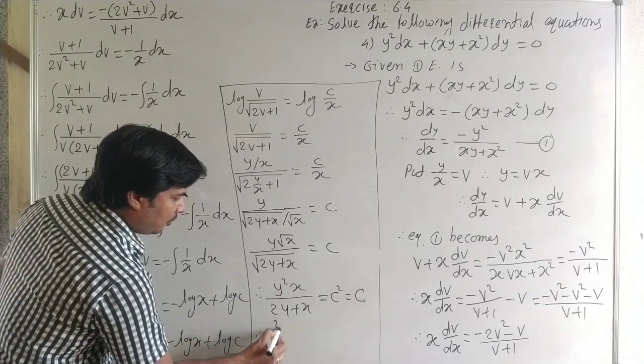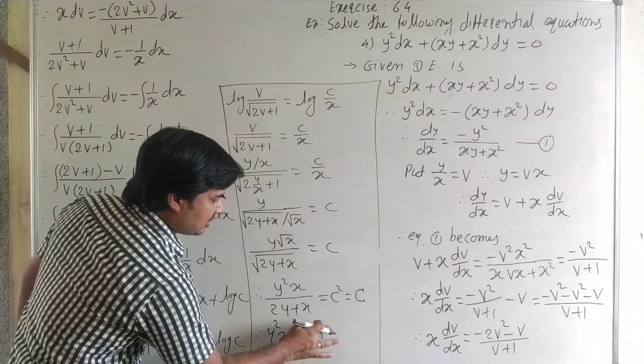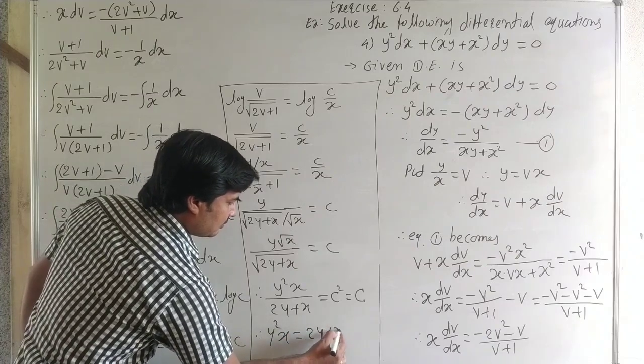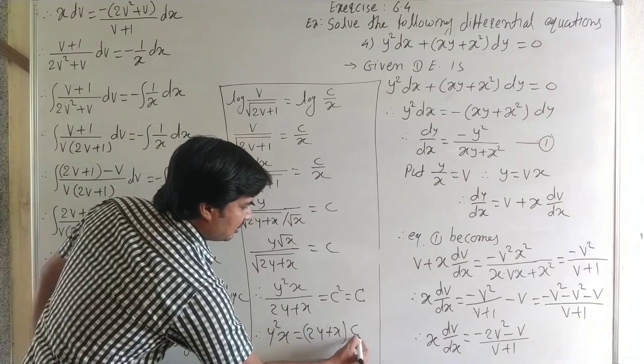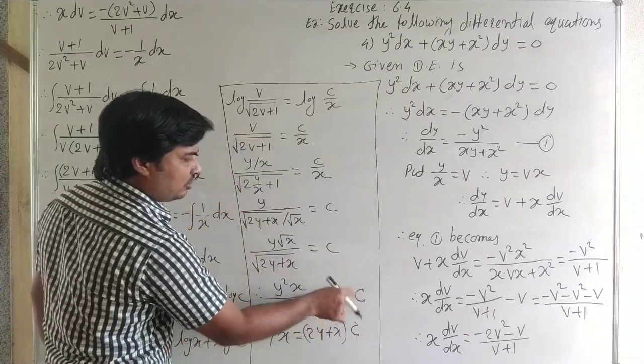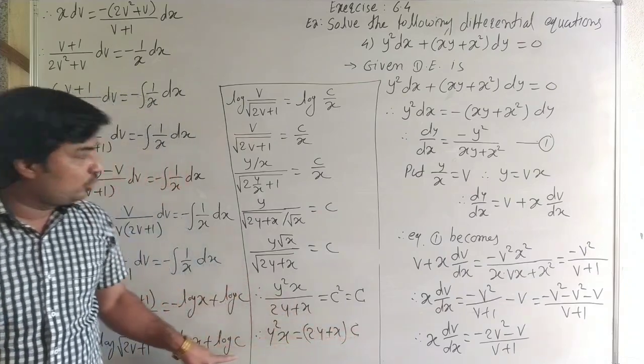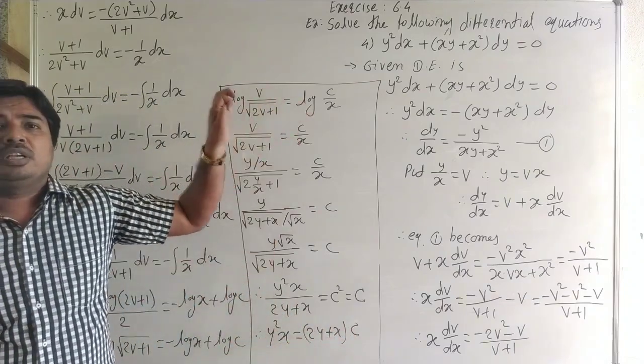Then y square x is equal to 2y plus x into this c. Here another constant, it is c. Then c square is also constant, we take another constant. Now it is the general solution of this differential equation.